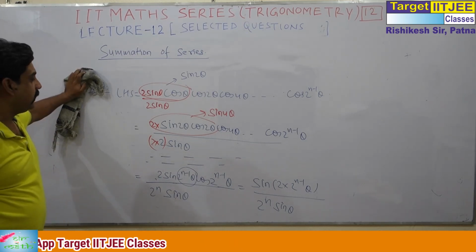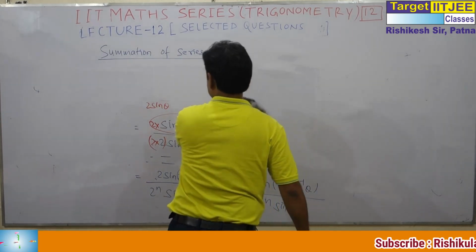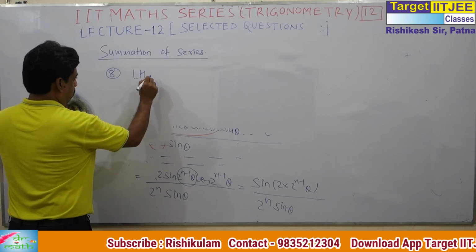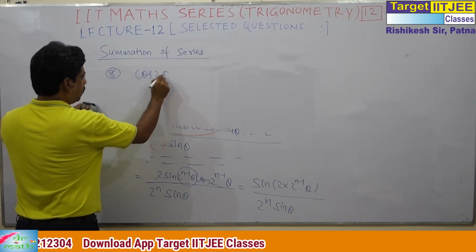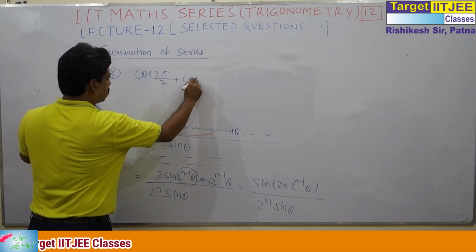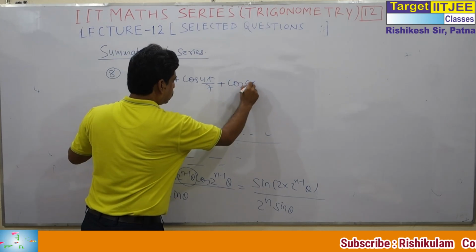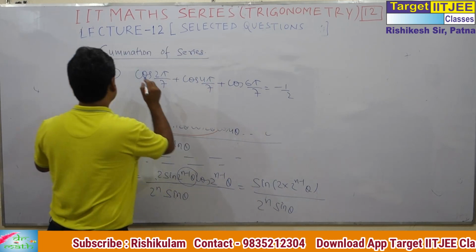This was in DPP 5. What was question number 8? You have to find the value of cos 2 pi by 7 plus cos 4 pi by 7 plus cos 6 pi by 7, and this is mine. That you have to prove.